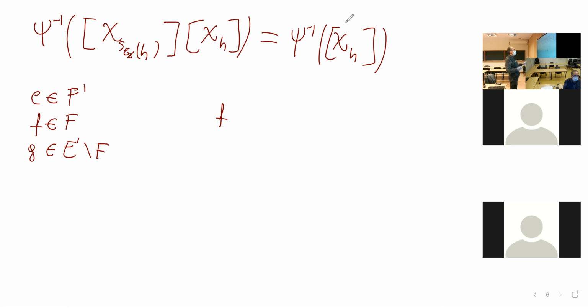Okay, so F is in F. And again, we have this problem. If F is in F, it can begin in F or it can begin beyond F. So again, we'll have to consider two cases for this vertex. We don't know where SE of F is, okay? But I know what happens to psi inverse of F itself.